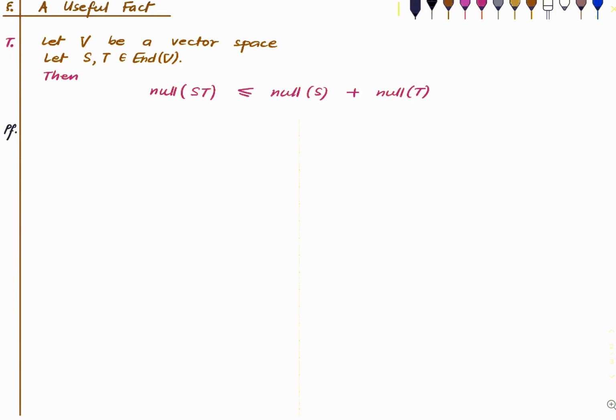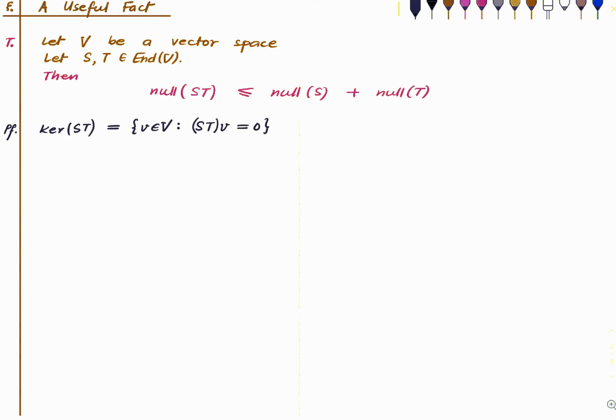First, we will say a little bit about the kernel. So what is the kernel of the composite? This is, by definition, those vectors which die under the application of S and T. Just so that there is no confusion, I'll put brackets.